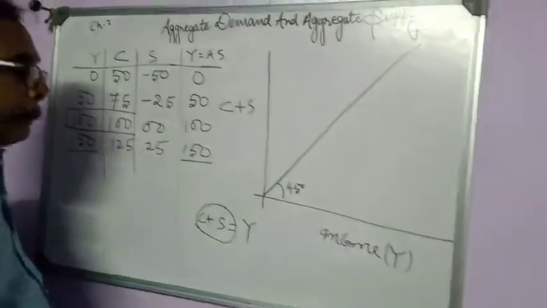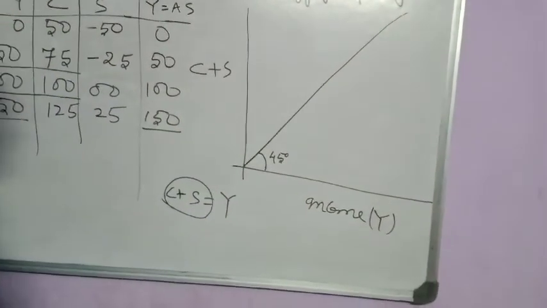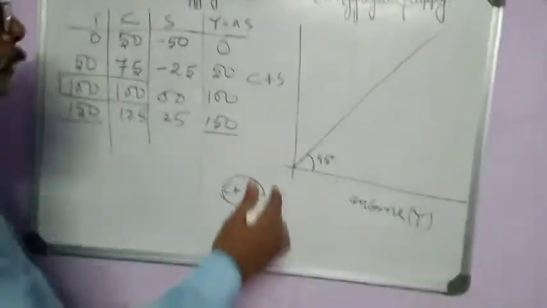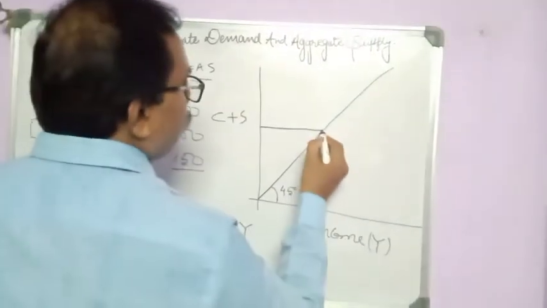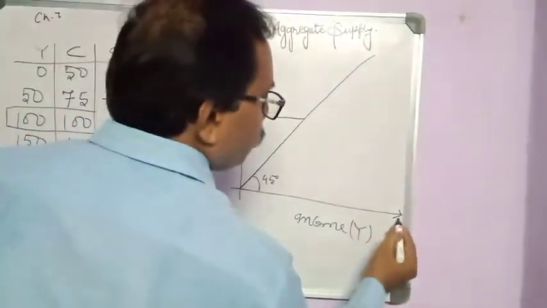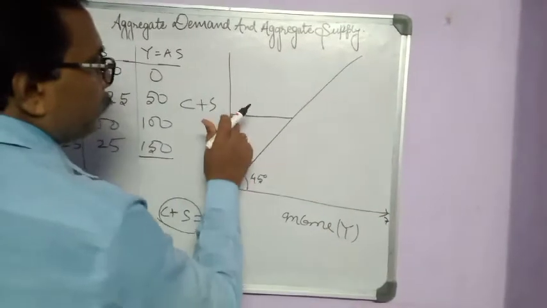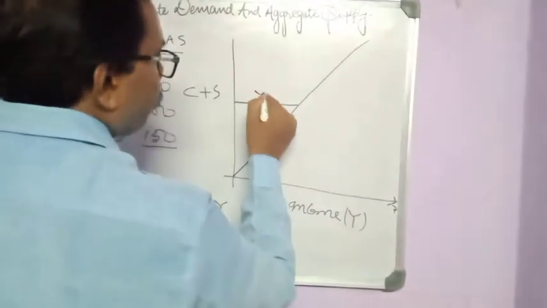Y. Okay? So it is a psychological theory. Look here, suppose this is our horizontal line which is parallel to the x-axis, meaning this line is showing the total income.